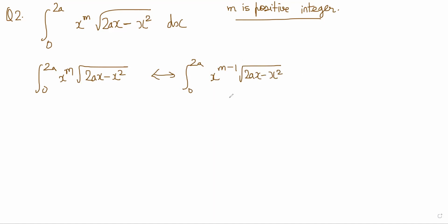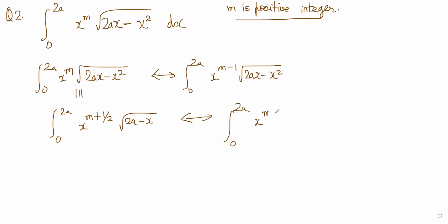So how do we do that? First of all, you can write this as the integral from 0 to 2a. You can take x outside here, right? It will become x^(m + 1/2) root over (2a − x), and we want to connect it to the integral from 0 to 2a of x^(m − 1/2) root over (2a − x), right? Okay, so how do we do this connection?